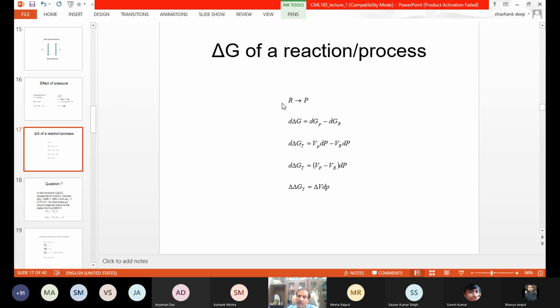One is where I'm only looking at the effect on R or the effect on P. Then we talk about delta G: how G of R changes with pressure, that is delta G, and how G of P changes with pressure, that is delta G. But if I am talking about this process, R to P reaction, any physical process or any chemical reaction, we have to discuss how delta G changes, not how G changes. Is it clear? Yes, sir. Okay.